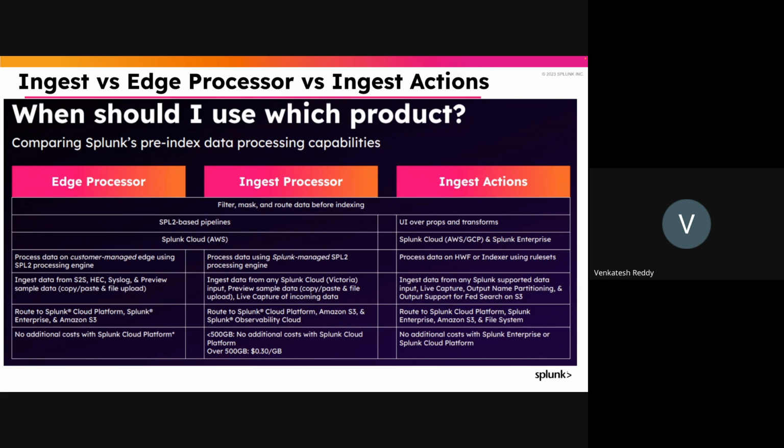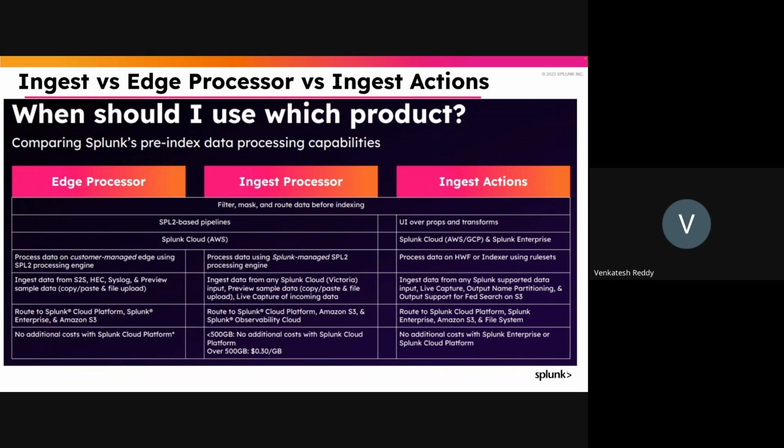We have the edge nodes before the Splunk indexer, so you need to maintain those edge nodes. When I say edge processor, it means you are dealing with the data at the edge of the node. Before coming out of that particular server, we are dealing with the data at the edge. That's why we call it edge processor.